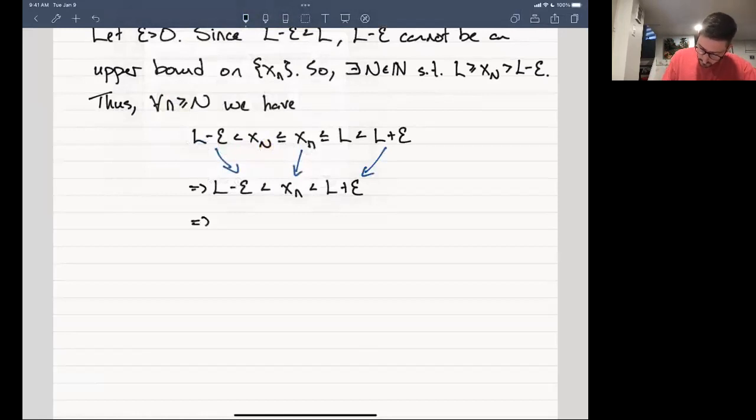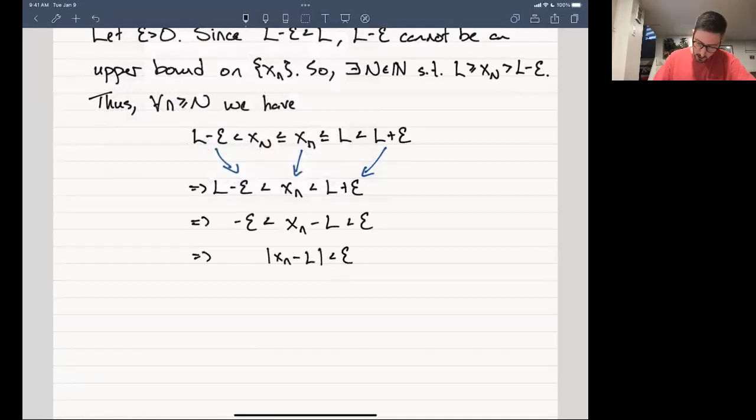And then I can say minus epsilon is less than xn minus L, which is less than epsilon, which is the same as saying that the absolute value of xn minus L is less than epsilon.